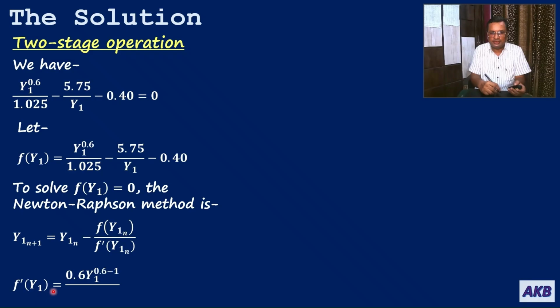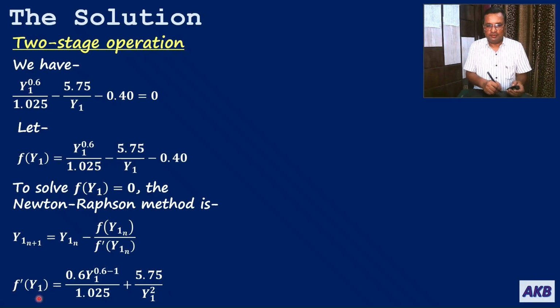So f dash of y1, the derivative of this, is easy to get. It is 0.6 y1 raised to 0.6 minus 1 divided by 1.025, plus the derivative of 1 upon capital Y1, which is minus 1 upon capital Y1 square, and minus becomes plus. So you have plus 5.75 divided by Y1 square, and this is a constant, so it will be 0 in the derivative.